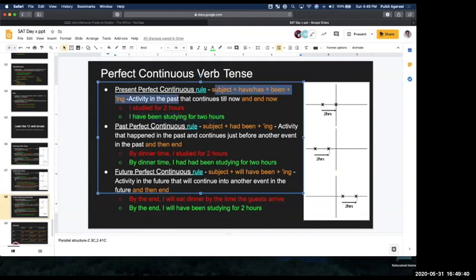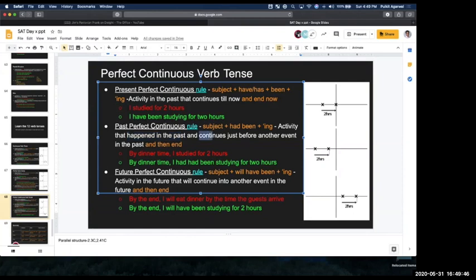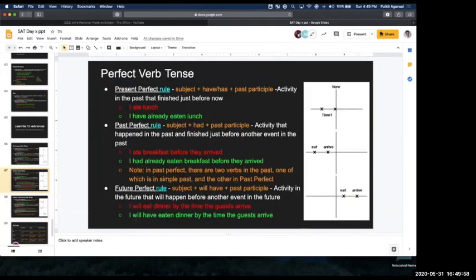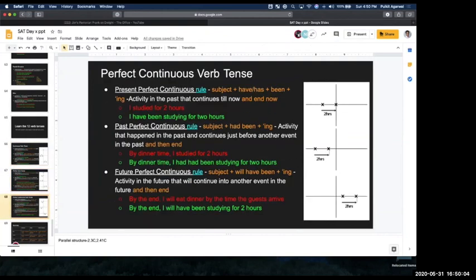Notice the structure here. Past perfect continuous is an activity that happened in the past and continues just before another event in the past, and then it ends. Present perfect continuous continues into the now and ends. Whereas here it ends just before, and here it continues into the now and ends in the now.